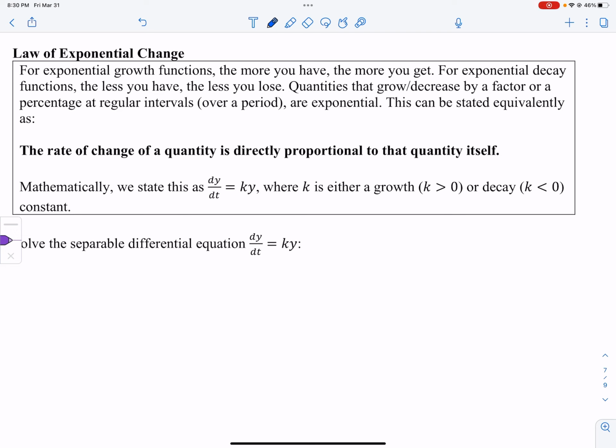If I taught you exponential growth or decay, I always refer to it as a quantity that is growing or decreasing by a common percentage per period. And this can be stated equivalently as the rate of change of a quantity is directly proportional to the quantity itself.